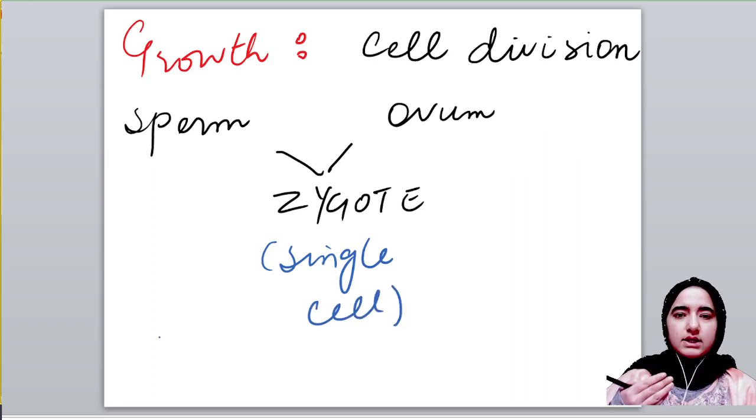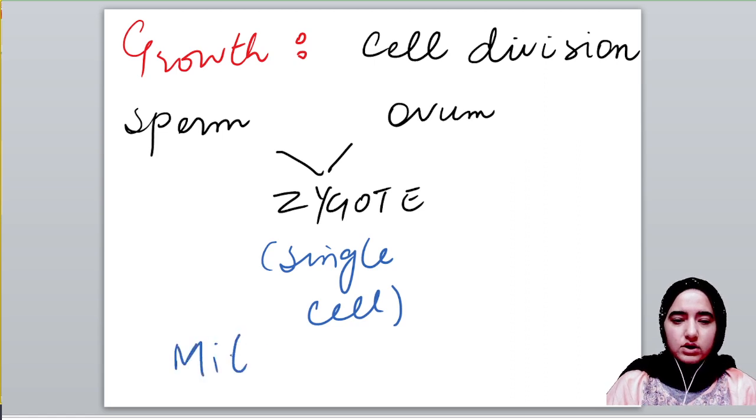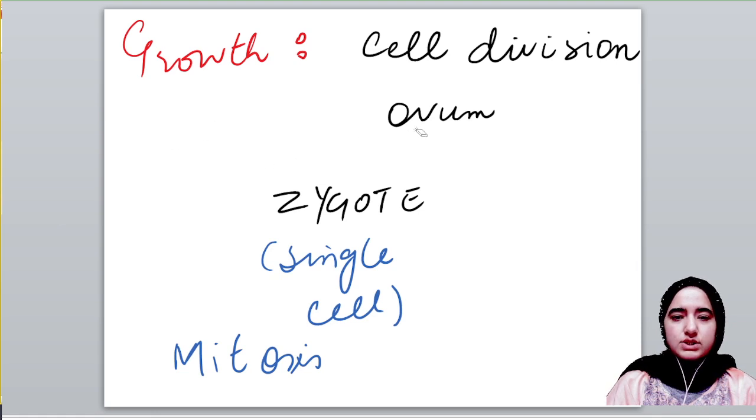Then how does it grow? It grows by cell division known as mitosis. So we can simply say that growth takes place through cell division.